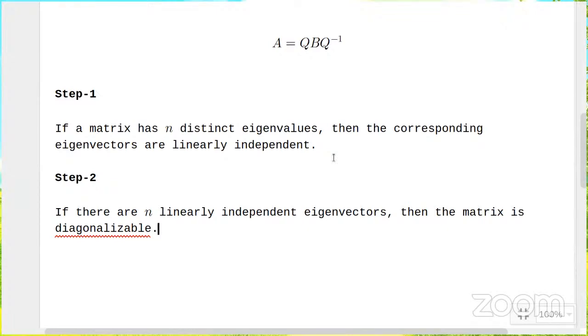So if I talk about this step 2 statement, the converse is also true. If the matrix is diagonalizable, then the eigenvectors will be linearly independent. If your matrix is diagonalizable, then you have a basis of eigenvectors, so they are linearly independent. So I would put it this way: if a matrix is diagonalizable, you can find a basis of eigenvectors.